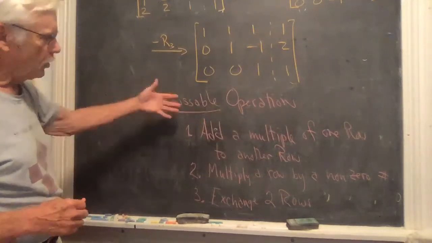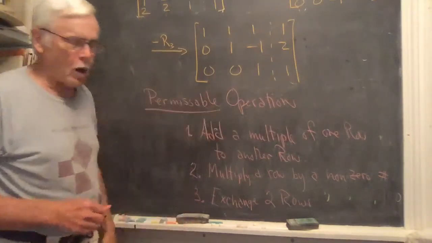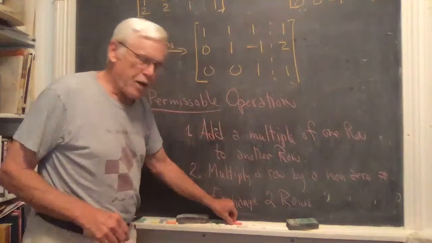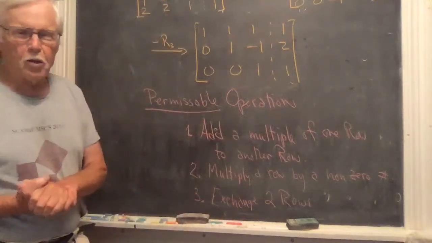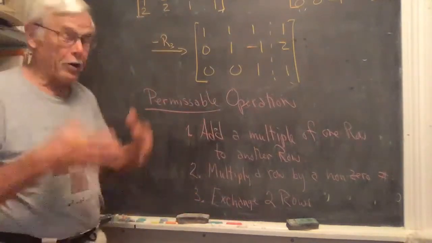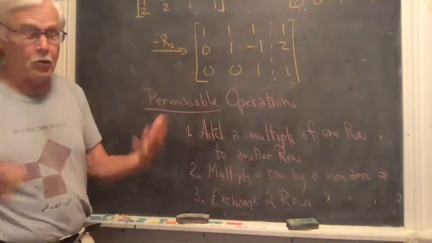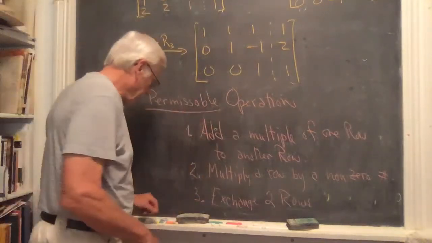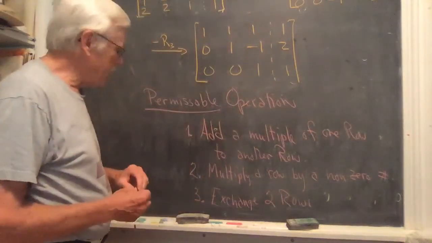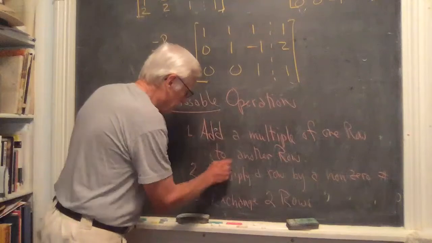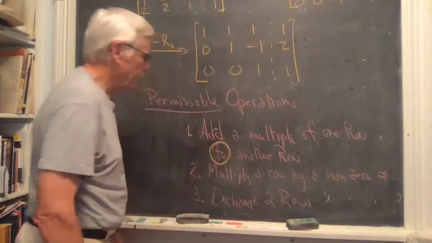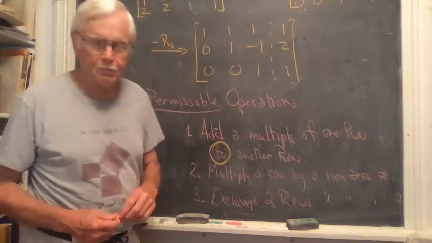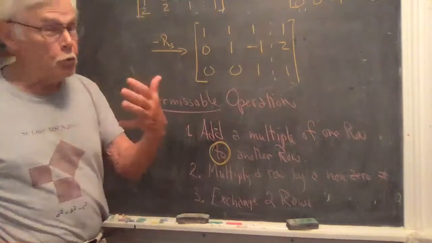So these are called the 3 elementary row operations. I ask these point blank on a quiz and a test. I will just say, what are the 3 elementary row operations? And this is what I want. There is one thing to remember here, and that is this word. You don't add rows together. You add a multiple of one row to another.